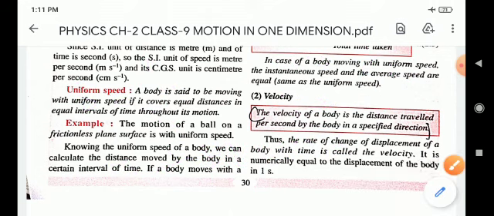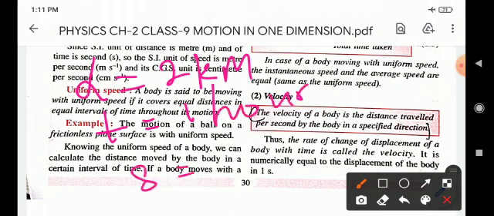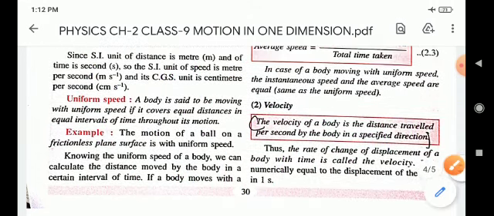Next, if distance is 2 kilometer and time is 2 hour, then speed is 2 upon 2, that is 1 kilometer per hour. The uniform speed depends on equal distance in equal intervals of time.